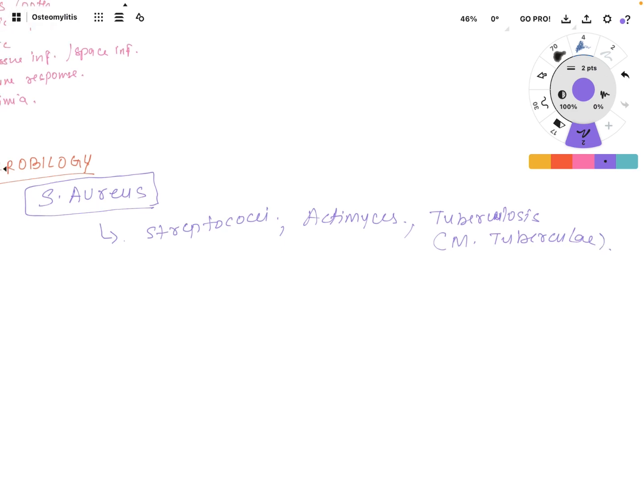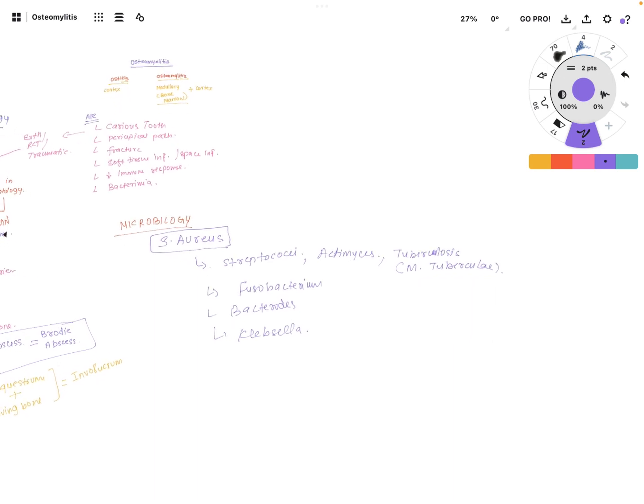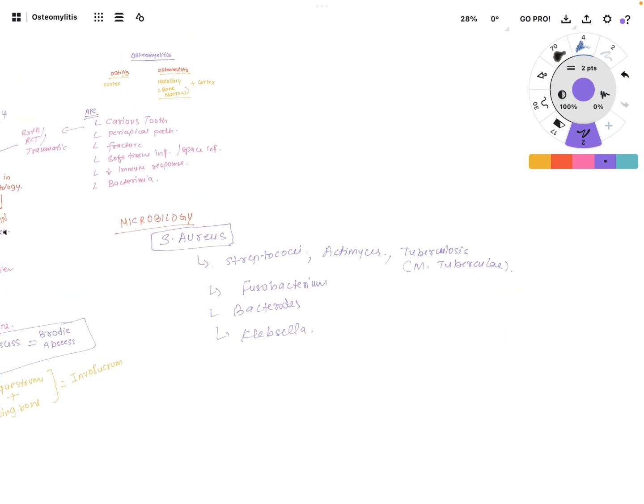right? There are some other small bacteria you can remember, fusobacterium you can inoculate from these regions. There are also bacteroides and Klebsiella. So these are certain names you can remember if you want, but Staph aureus you should remember in any possible situation.